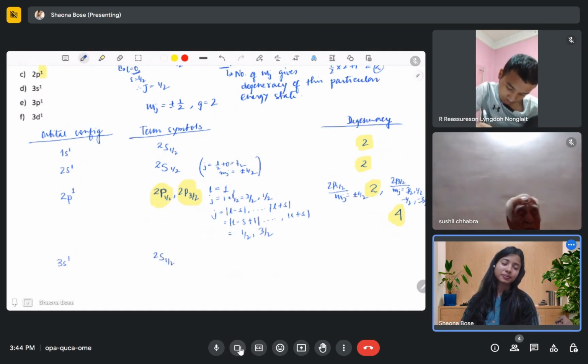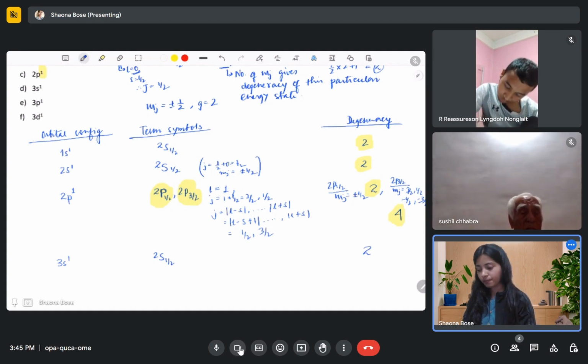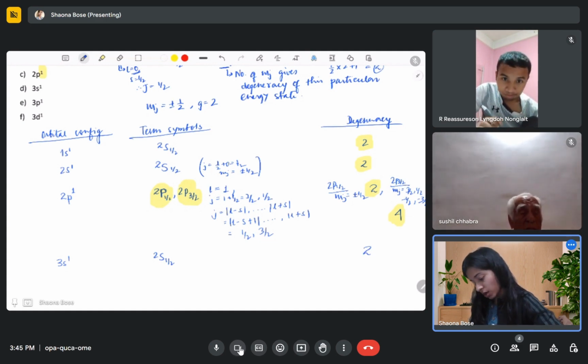So the principal quantum number really doesn't affect the term symbol, isn't it? Think about it. Let us complete this exercise and we will see, does it affect it at all? So term symbol will be 2s half. And once again, for the 2s half state, degeneracy is always 2. You know that.